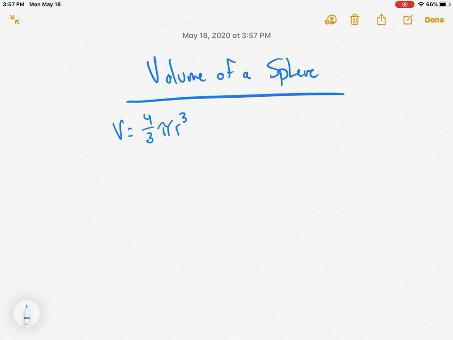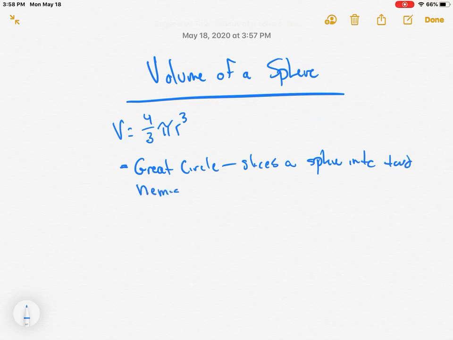There is just one thing we need to know. Let's call it a great circle. And the great circle slices a sphere into two hemispheres. Pretty awesome.